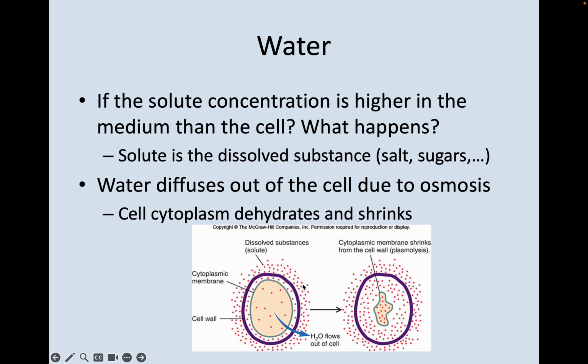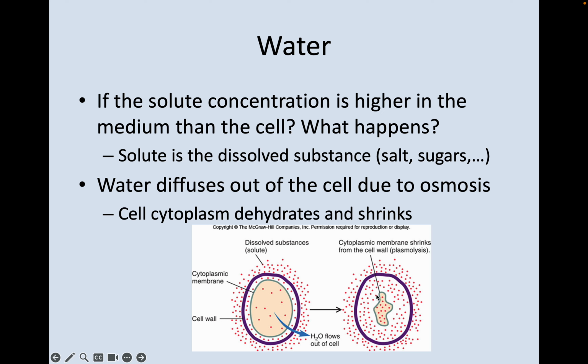And the red dots are the dissolved substance, the solute, so in this case salt. And we can see water is this peach volume here. So if there's more solute outside of the cell, and that also means less water, right? Lower water concentration, then water will move from inside the cell to outside the cell.